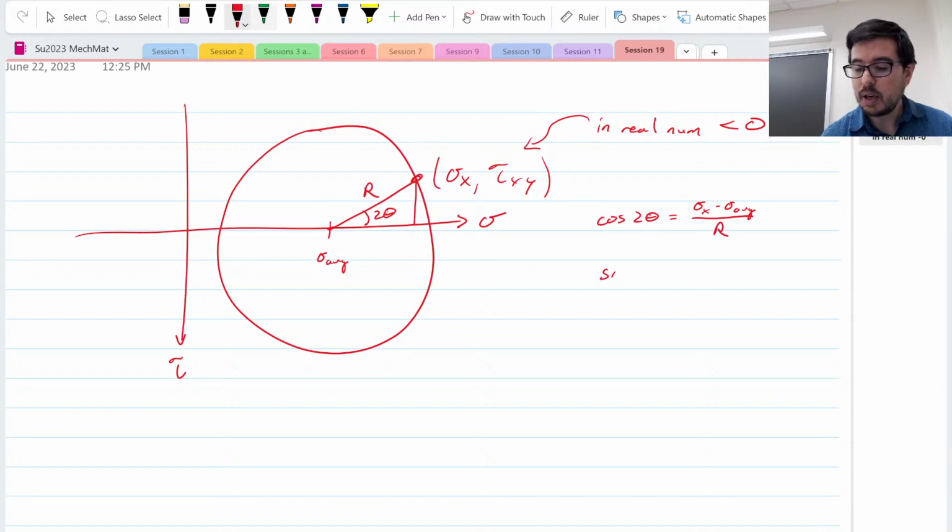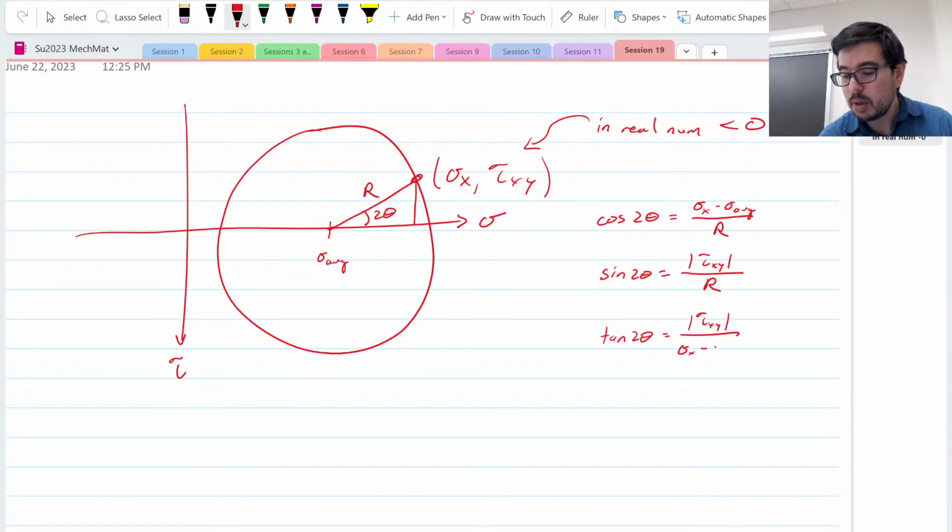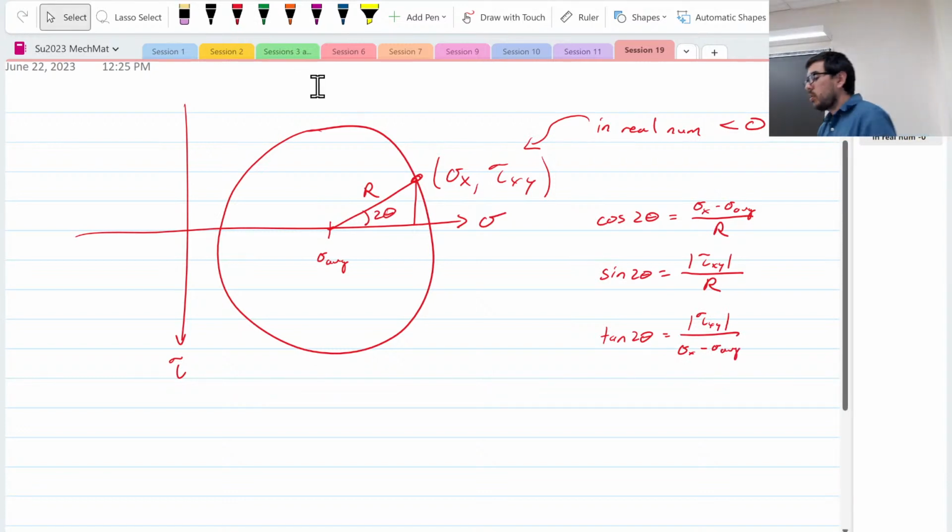Another option is sine of 2 theta is the absolute magnitude of the tau xy over r. And then you could do the tangent. You probably don't want to, but if you don't want to calculate what r is, you could do tangent of 2 theta, which would be tau xy over sigma x minus sigma average. So those are your alternatives.